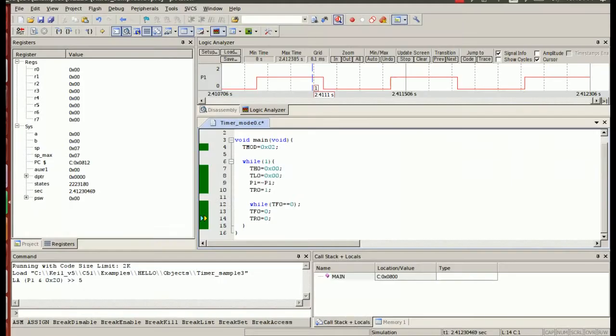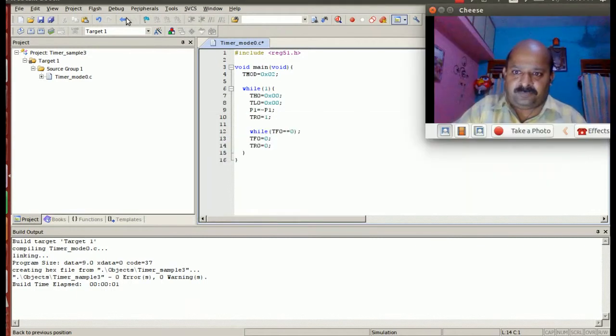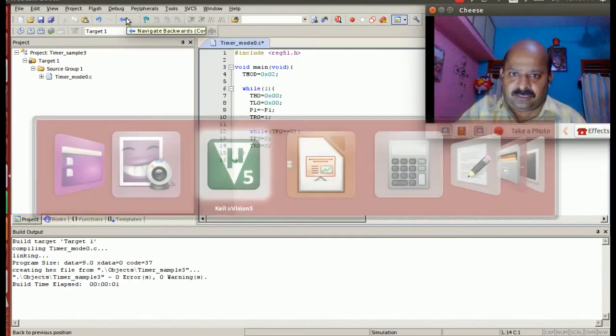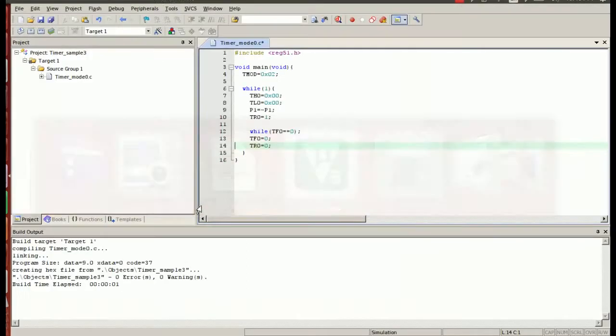So, let us go back to the Keil and set these values for the timer. So coming back, 4B and FD. Okay. TH0 is 4B and TL0 is FD.